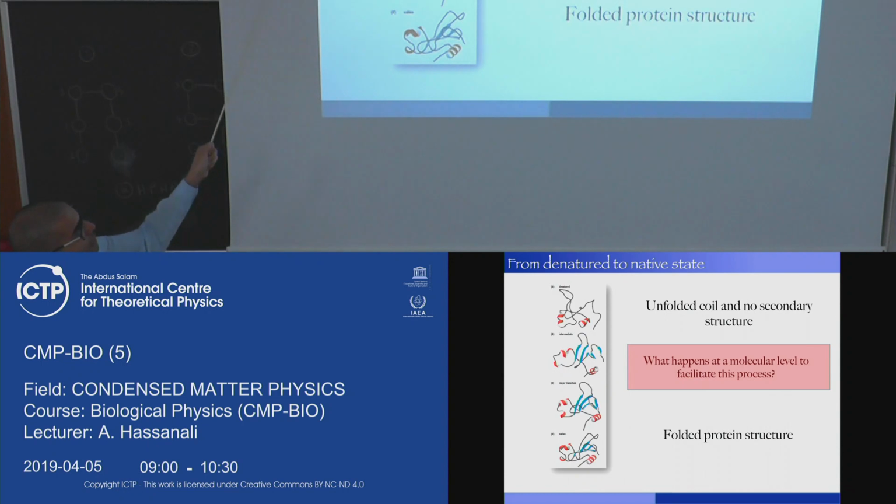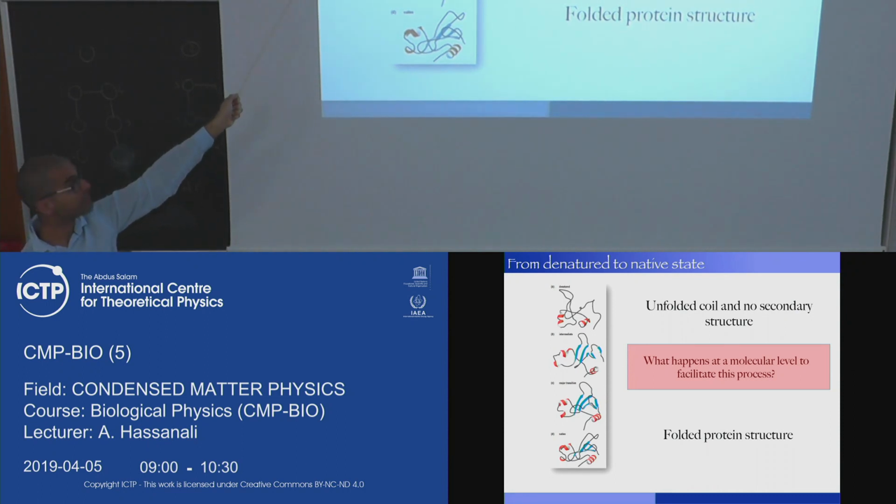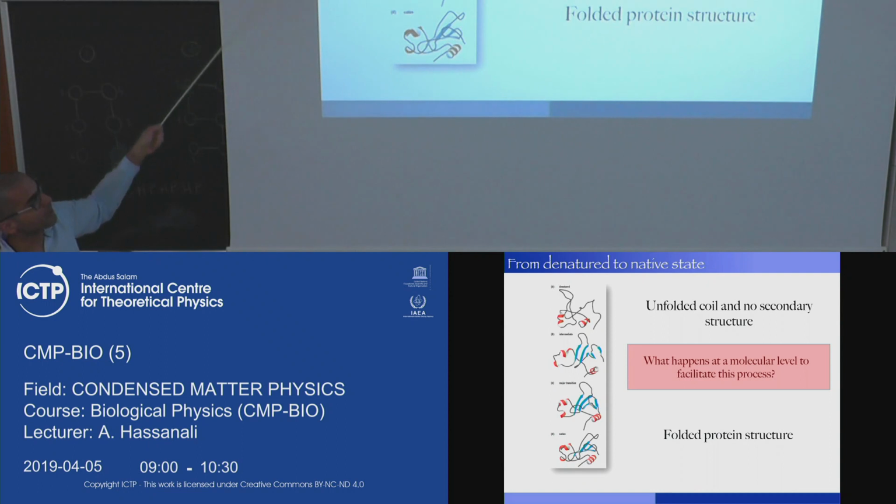I'm just restating what I just said: going from a less folded state, through an intermediate state, and then finally to some native structure. As you go from here to here, you're building more and more secondary structure. Here you did not have the beta sheets, whereas here now you have four beta sheets.